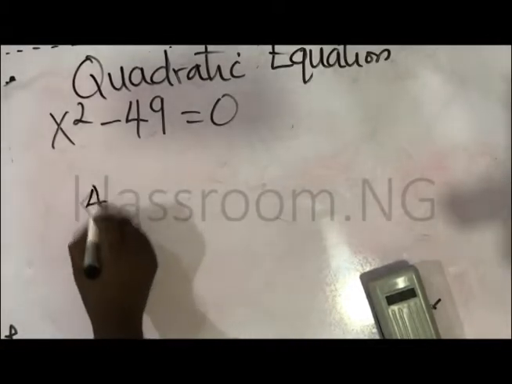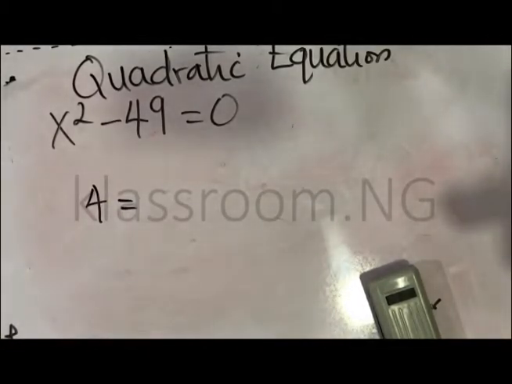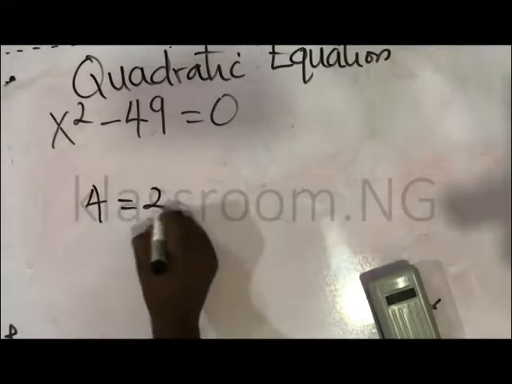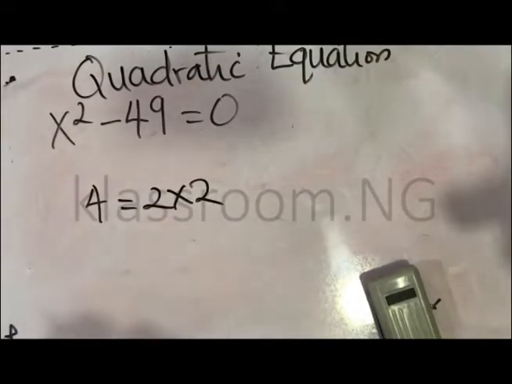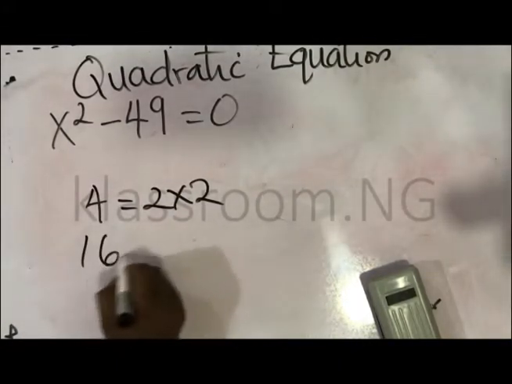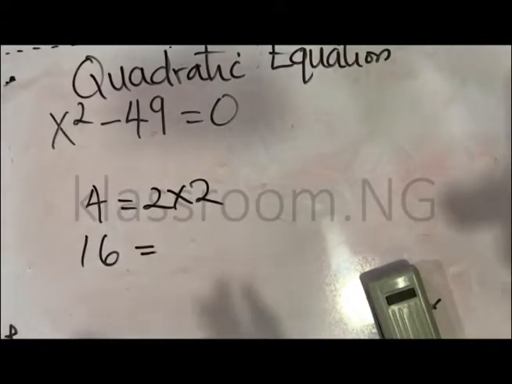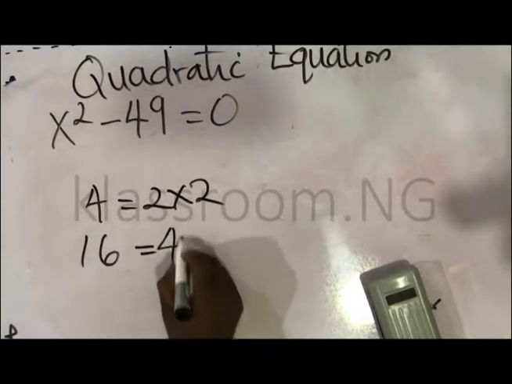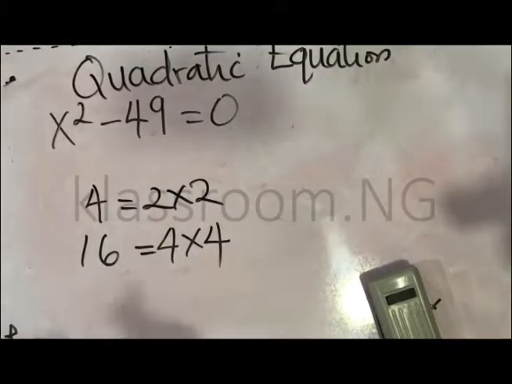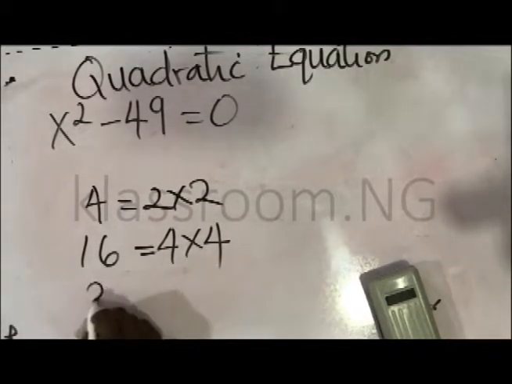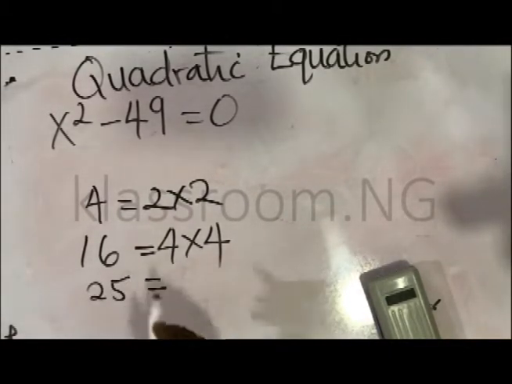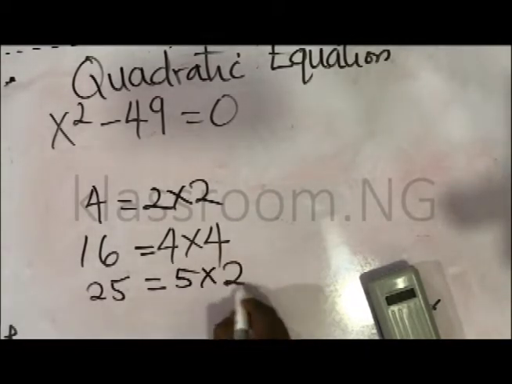Example, we have 4. 4 is a perfect square because we need 2 times 2 to give us 4. We have 16. 16 is a perfect square because we need 4 times 4 to give us 16. We have 25. 25 is a perfect square because we need 5 times 5.